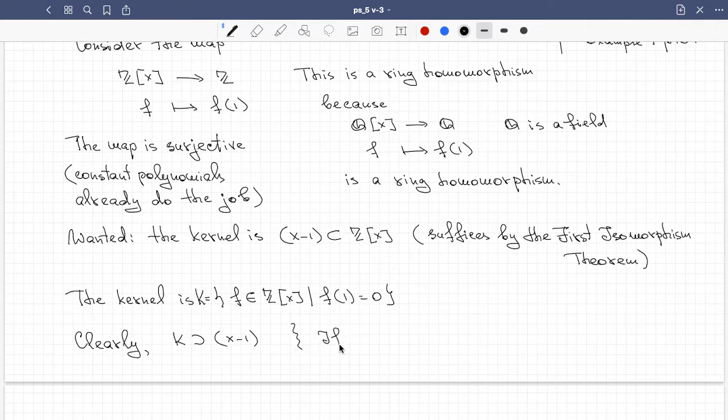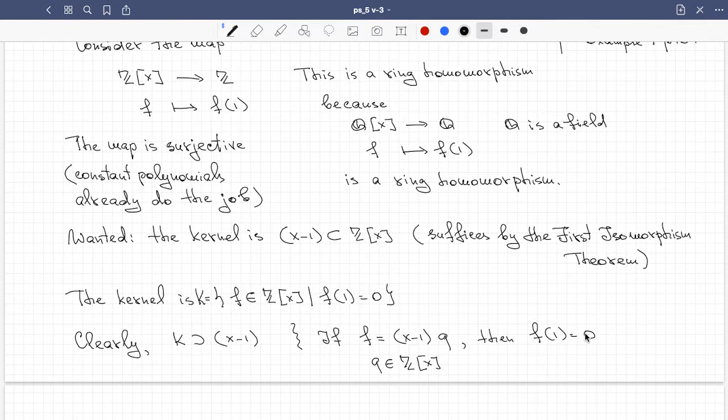Now, indeed, if f is equal to x minus 1 times q, with a polynomial q in Z[x], whatever it is, then f of 1 is 0.